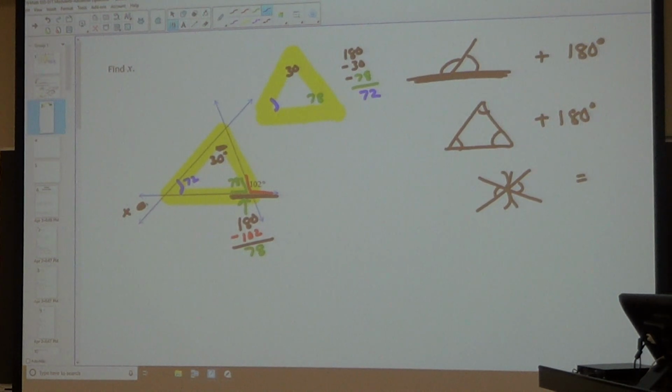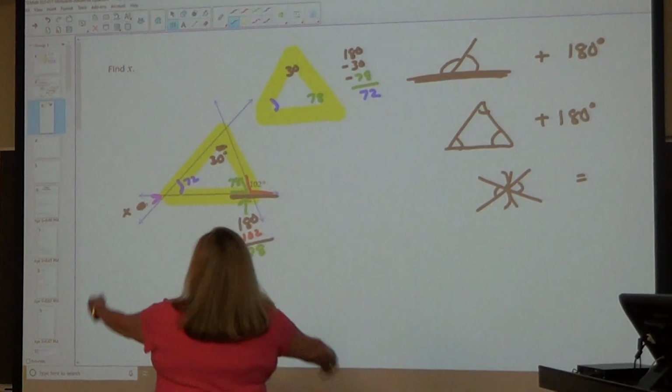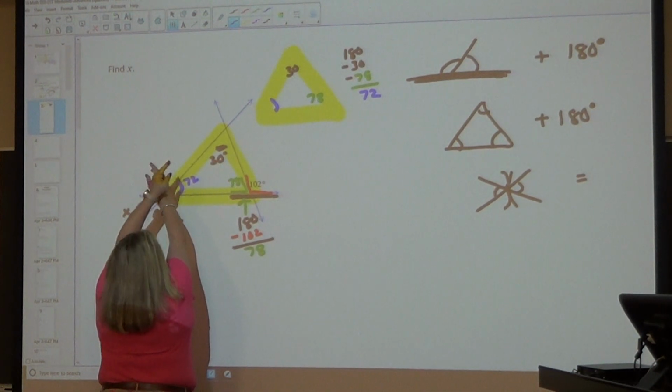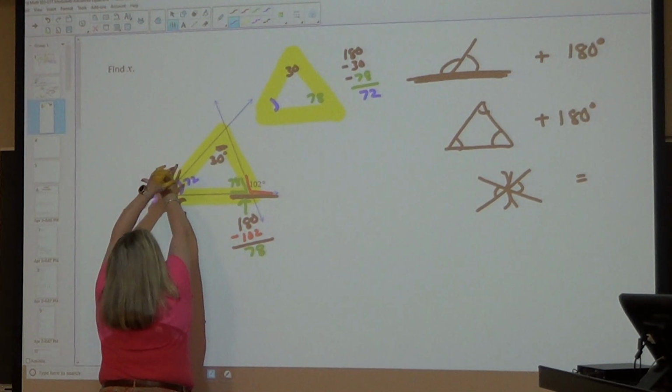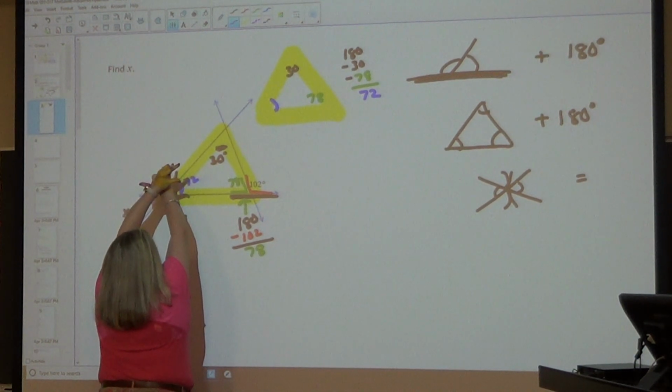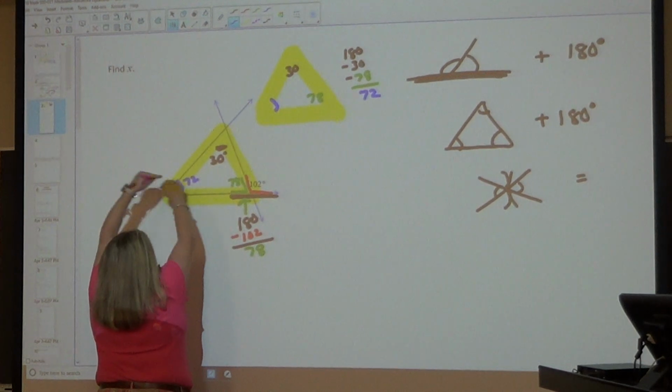Now, tell me how I'm going to get from the blue angle to the purple angle. We gotta add them, cause we gotta equal. No, it's X equals 72. Why do we know that, Randy? Because of the butterfly. Oh, see the butterfly? They're not here. What you're thinking is that you're trying to find this one. If you were trying to find that one, they make a straight line.